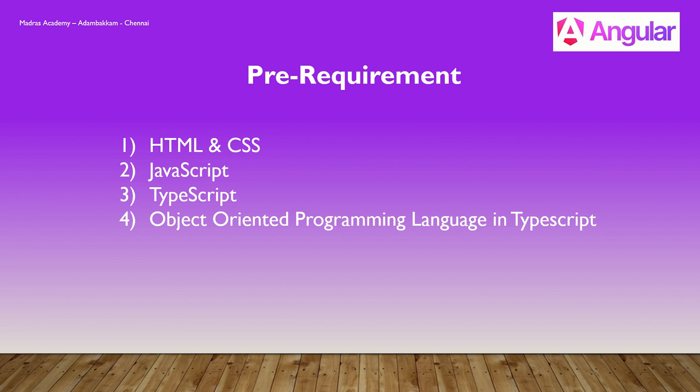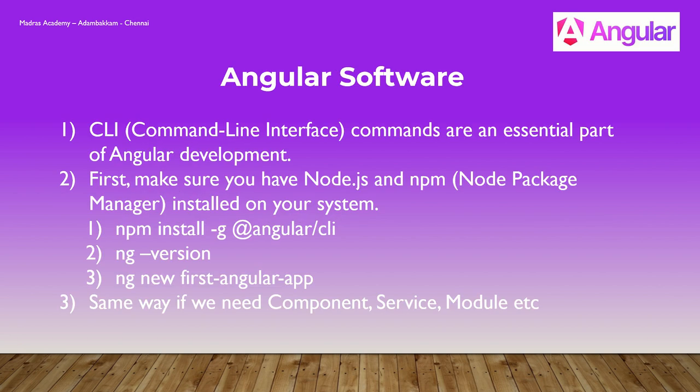Next, about the software, like the Angular software. If you are going to install Angular, it is not a software pack. First, you have to understand that. In Java or C++, like Turbo C, or the Java JDK, you have to install it, and Python software is also there. Everything you can download and install.